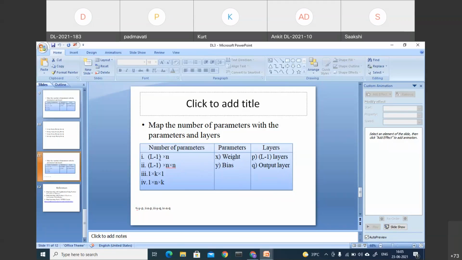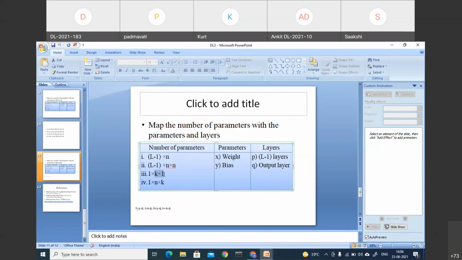For example, the L minus 1 hidden layers have n cross 1, n number of biases. Similarly, the L minus 1 hidden layers will have n cross n parameters with respect to the weight matrix. In a similar way, one layer, that is the output layer, has k cross 1.